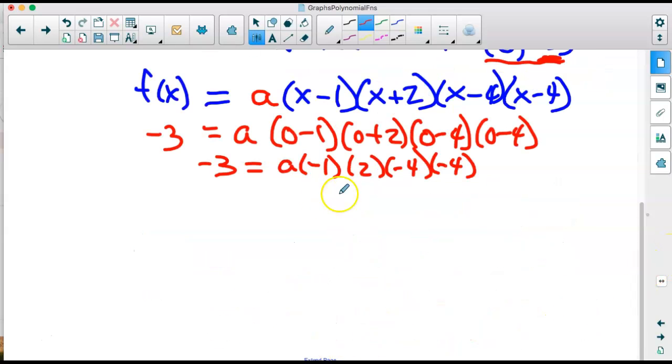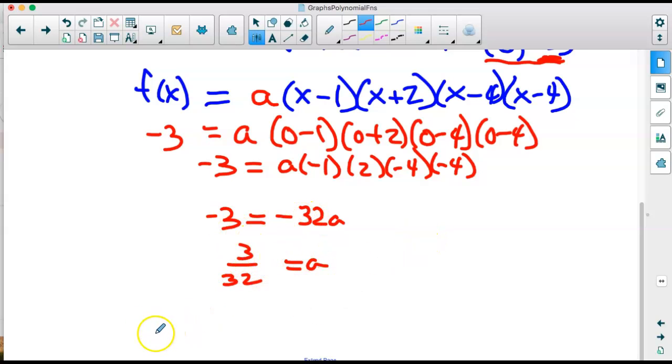So in this case, we have a negative number, because there's 3 negatives. This is 16, 4 times 4. 16 times 2 is 32. So we're going to have -32a equals -3. So a is going to be 3 over 32. They're both negative, so it's a positive.